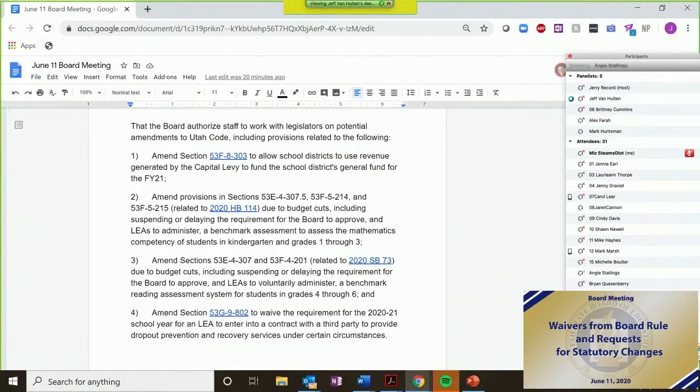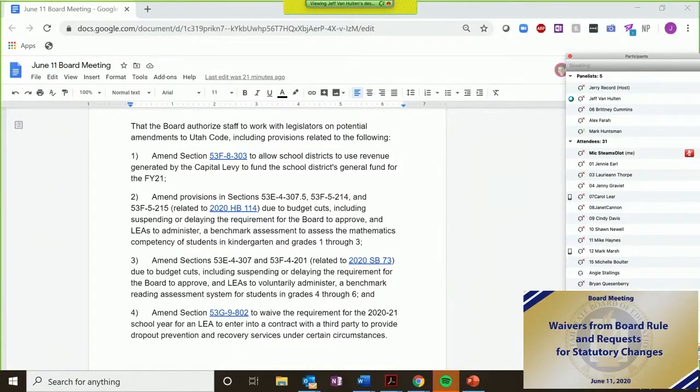Thank you. So if I might take the liberty to weigh in, when I was on my local board, back when this was allowed, it was a huge lifesaver, and not all LEAs will access this, but it's money that legally can be put into the general fund or anything within that general fund, but mostly it is used to protect salaries and employees and programs, and it's up to the LEA and the local boards to make a determination whether they go into that.